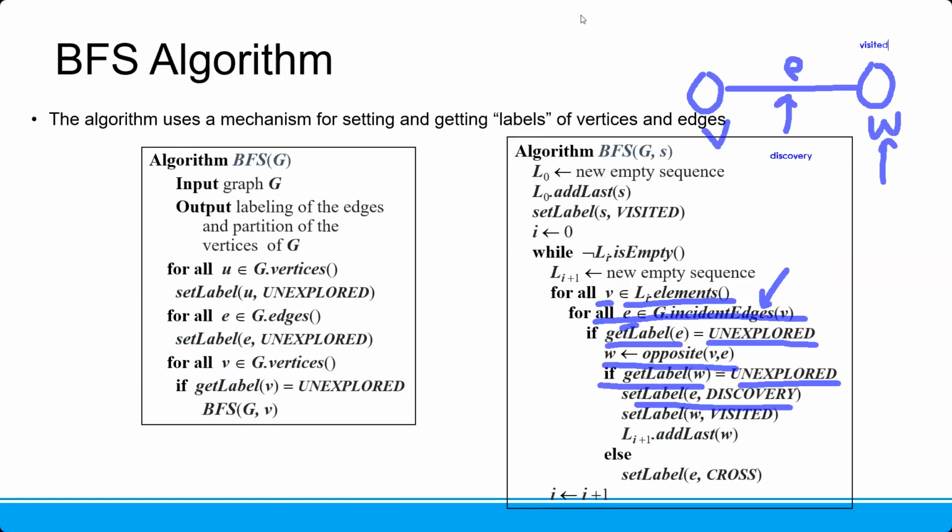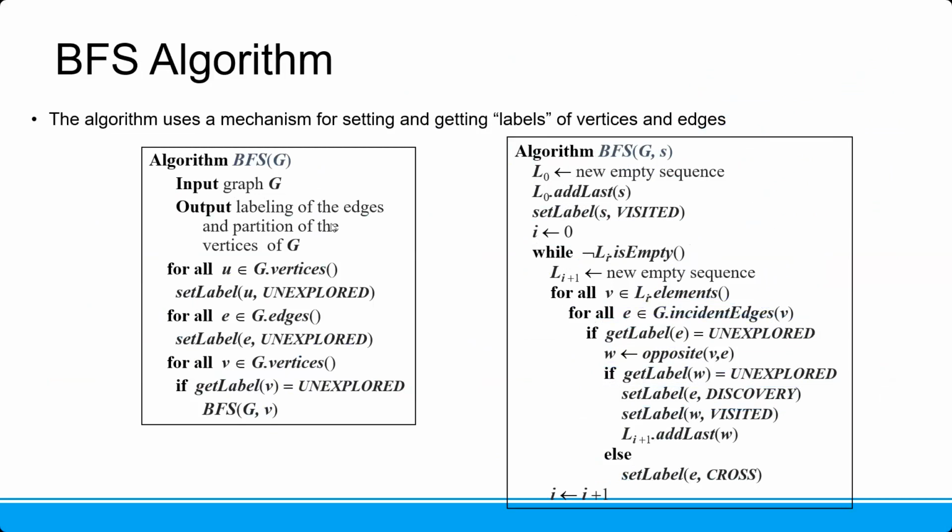But if W is already visited, then we set the label of E differently. So if we have already visited a node, then this E will be set as a cross edge.